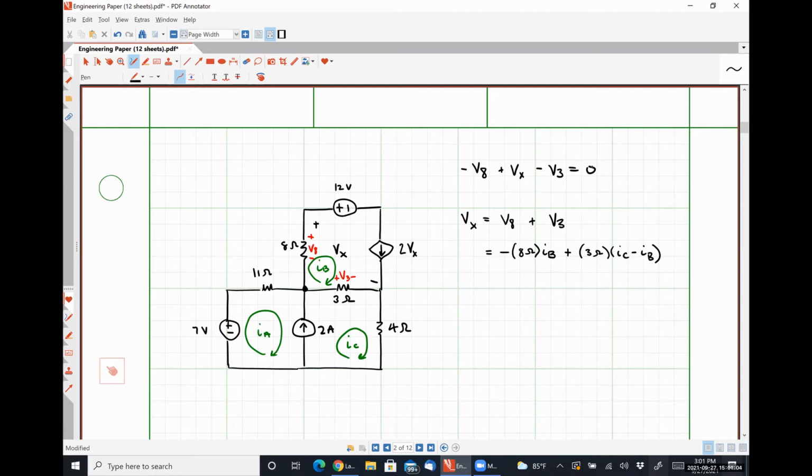There is no opposing mesh current because it's on the outside edge of the circuit. For that resistor, 3 ohms, because it's on the interior of the circuit, it will have 2 contributions from the mesh currents, right? The current IC flows into the positive polarity terminal, and the current IB flows into the negative polarity terminal, which is why we have 3 ohms times IC minus IB.